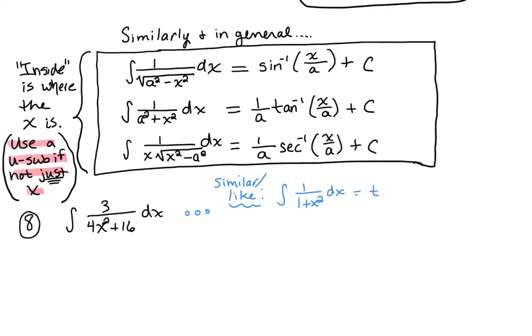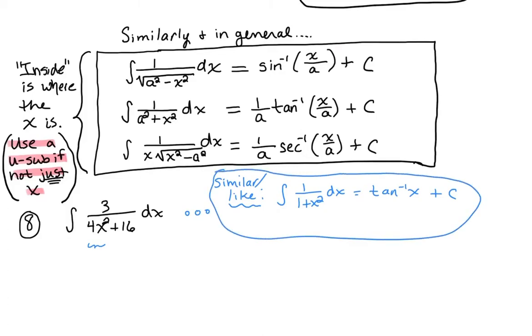That's our tan inverse. The 4x squared, the region where the variable is, will be dealt with by a u sub. But the first issue we want to focus on is that we don't have the 1.